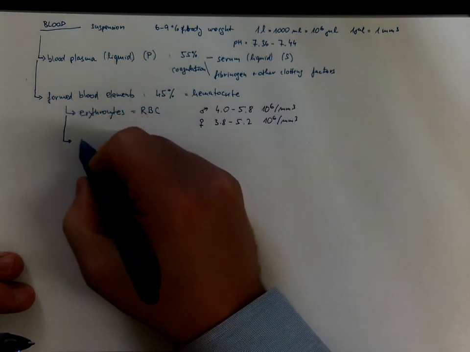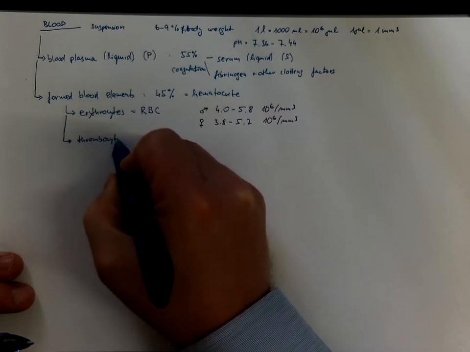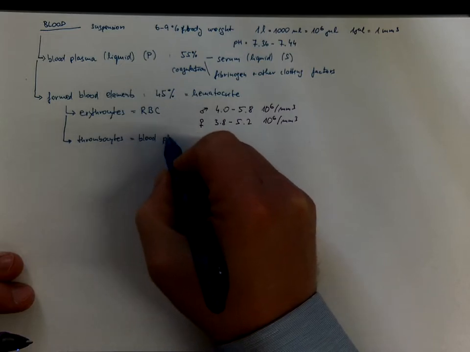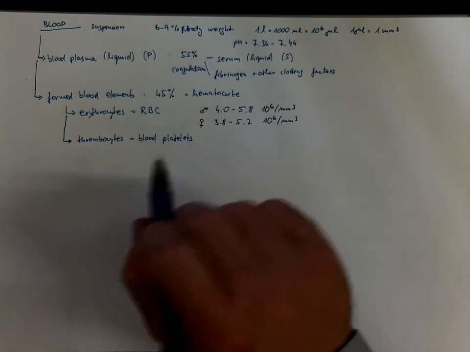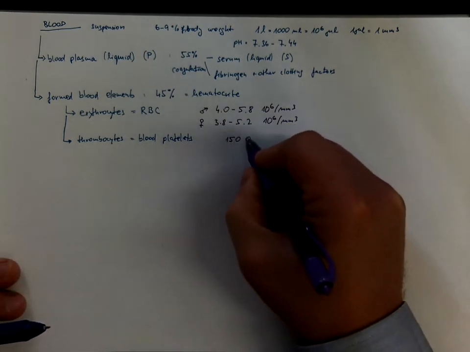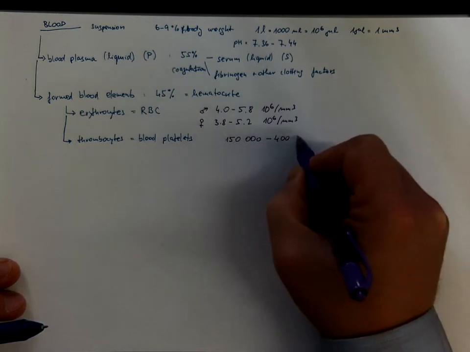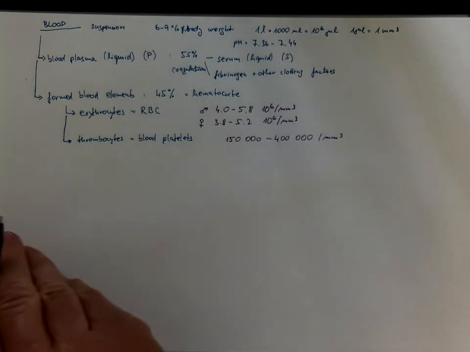Then we got thrombocytes, also known as the blood platelets. The normal thrombocyte count ranges between 150,000 to 400,000 per cubic millimeter.